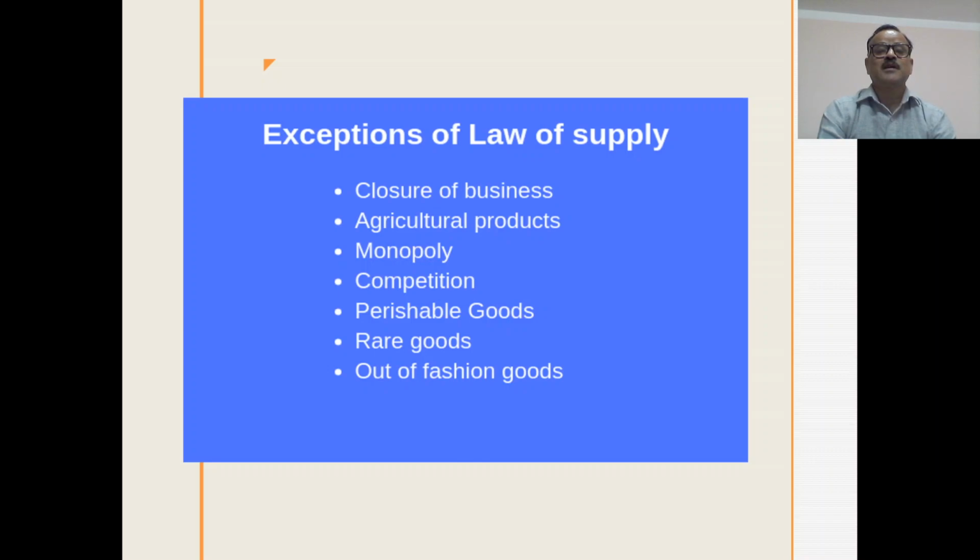And perishable goods, agricultural products, I told you here. And rare goods: in the case of rare goods also, the law of supply does not work, because they are not found. Even if the price is high, goods cannot be supplied at the same rate. And goods out of fashion: also, the law of supply is not found operative.